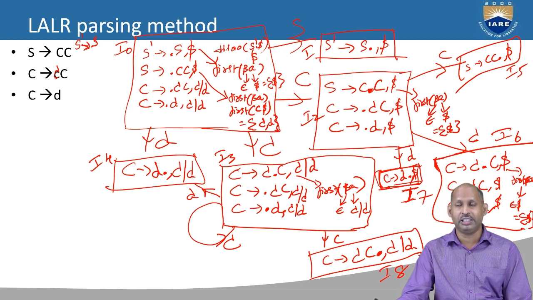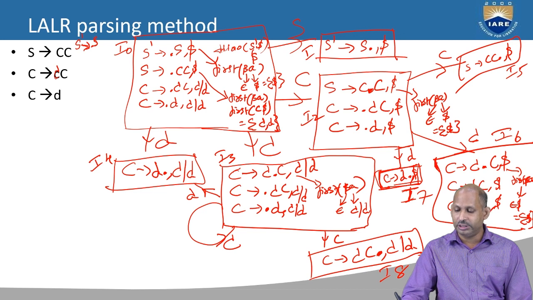On terminal C, on terminal D, they will go to operations. So on variable C, it will be C gives dot $. This is I9.